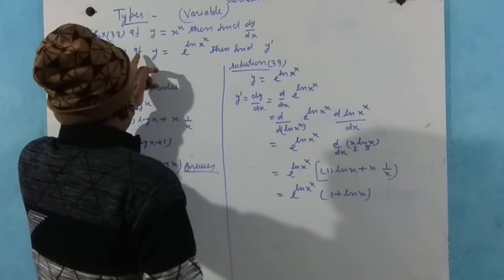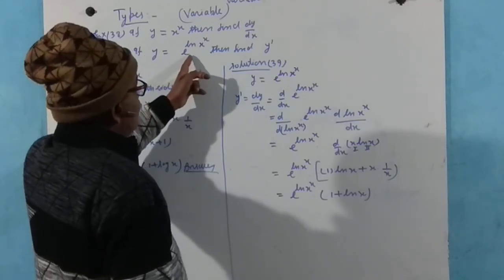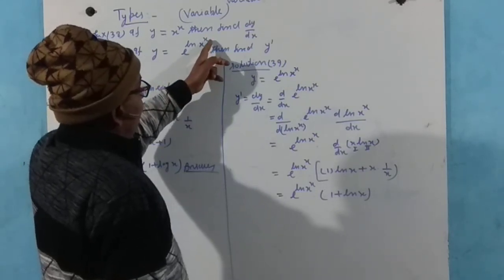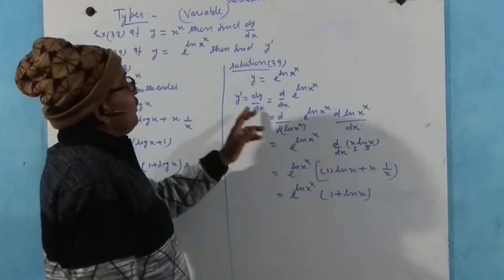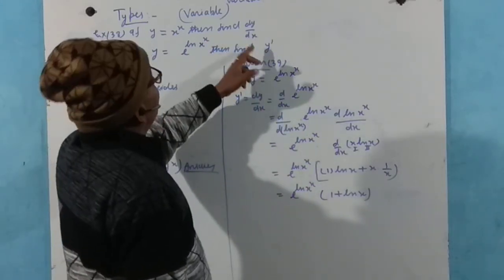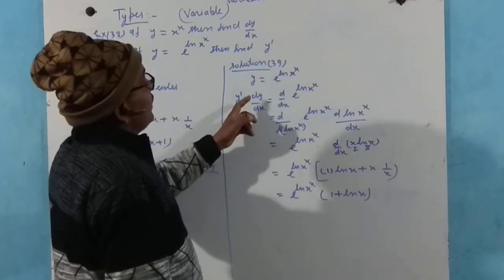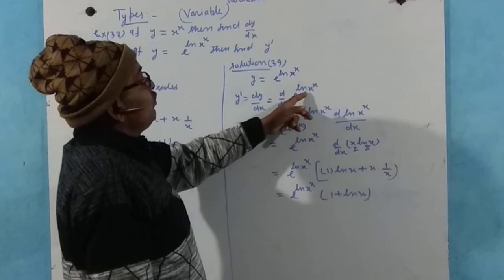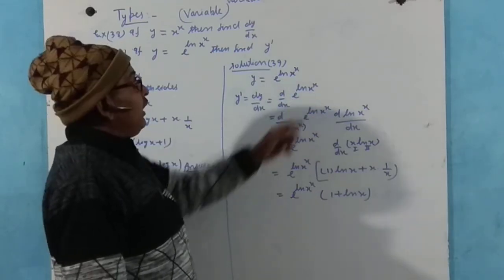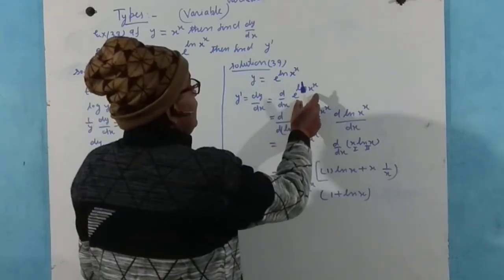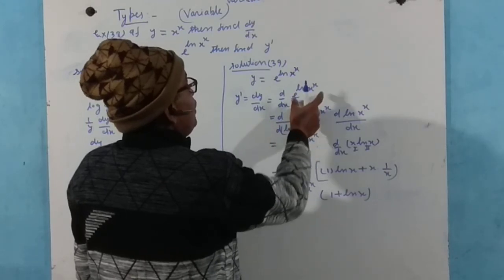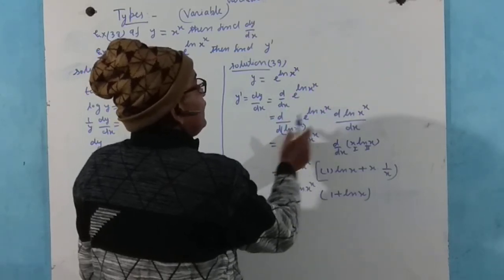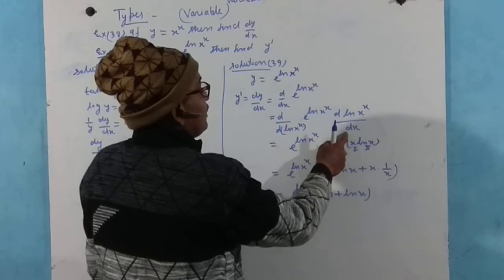Now here, y is equal to e to the power ln x to the power x. We have to find y dash. Y dash means dy by dx. Here d by dx of e to the power x log x.